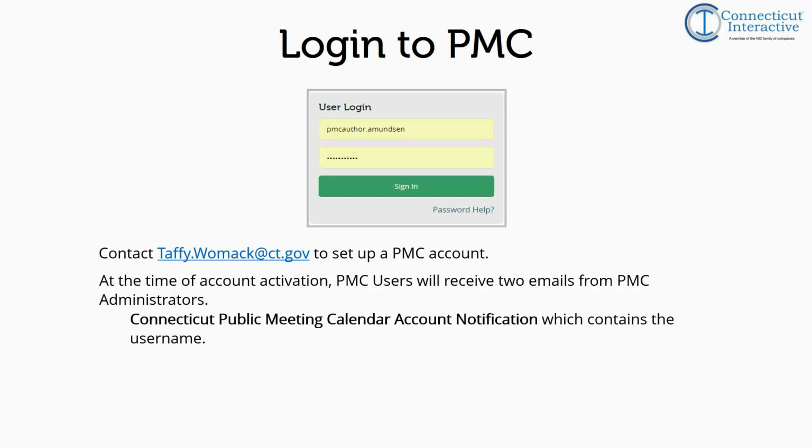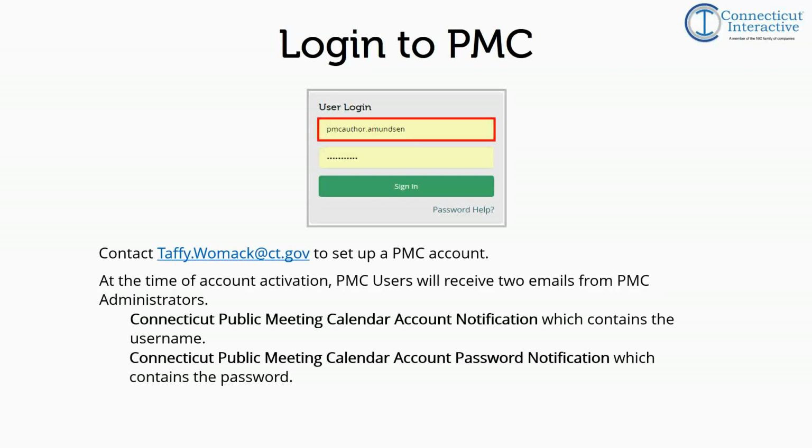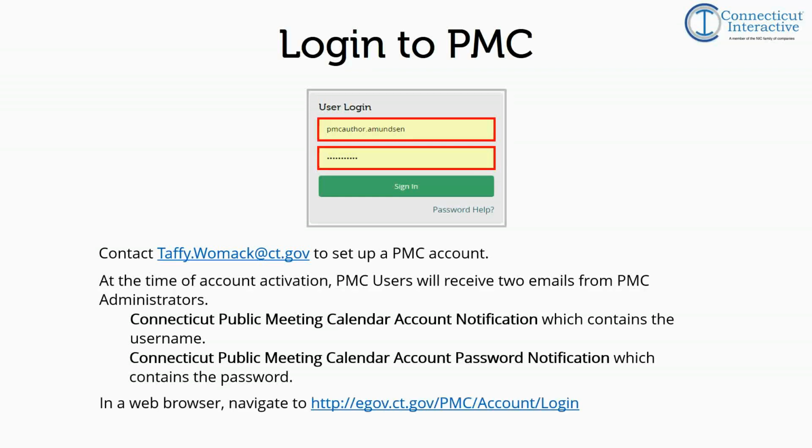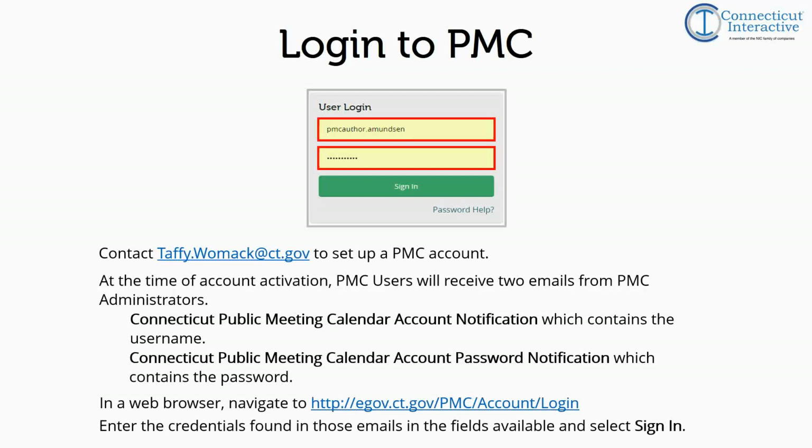The first is Connecticut Public Meeting Calendar Account Notification, which contains the username. The second is Connecticut Public Meeting Calendar Account Password Notification, which contains the password. Once you have those credentials, navigate to the following URL and enter the credentials found in those emails in the fields available, then select Sign In.